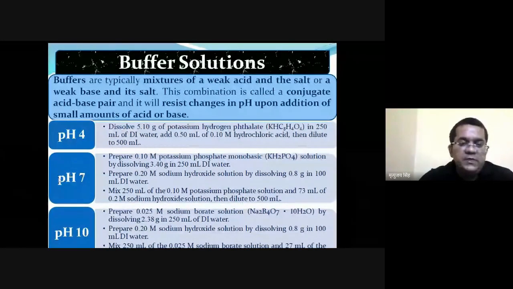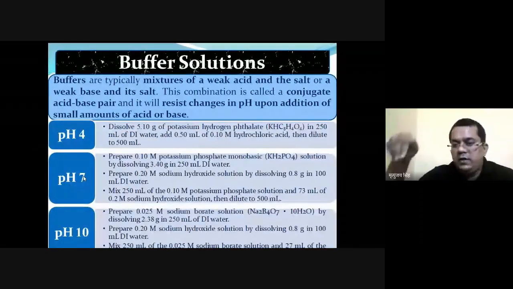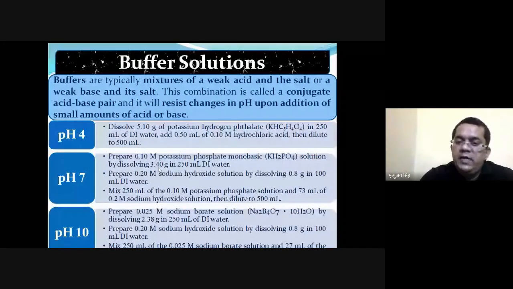For pH 7, which is generally used to keep your glass electrodes, prepare 0.1 molar potassium phosphate monobasic solution by dissolving 3.4 gram in 250 ml deionized water. Prepare 0.2 molar sodium hydroxide solution by dissolving 0.8 gram in 100 ml DI water.